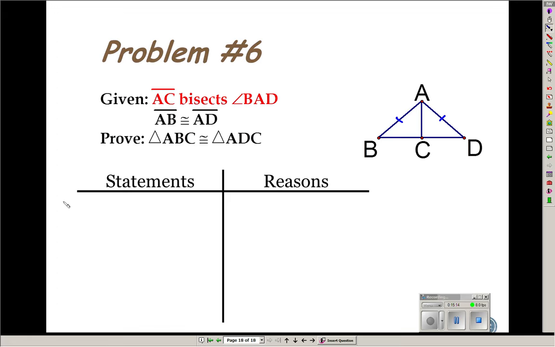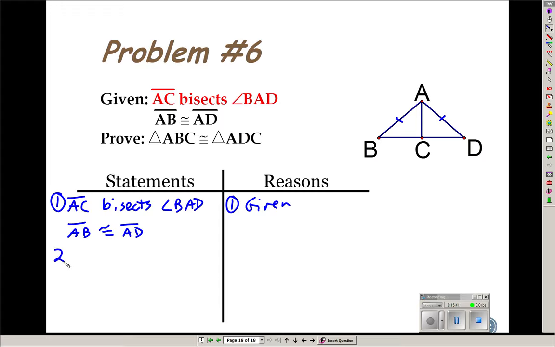So let's go ahead and start the proof. Start with what you're given. And the reason is given. Then add the additional pieces.